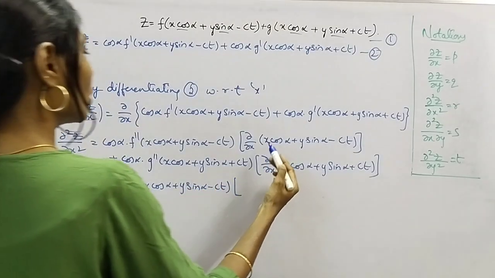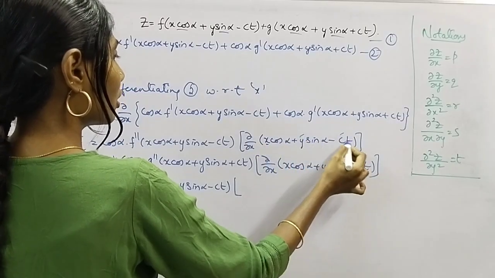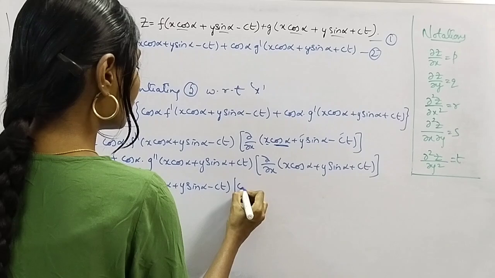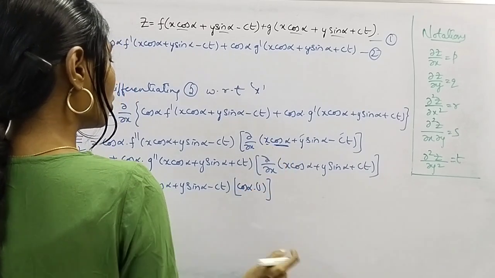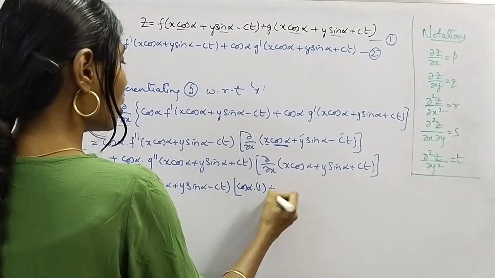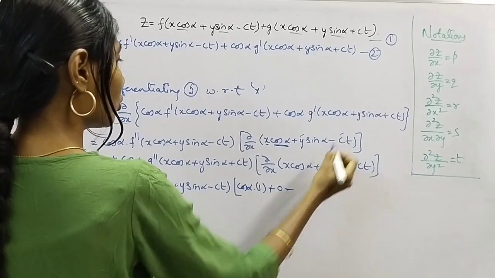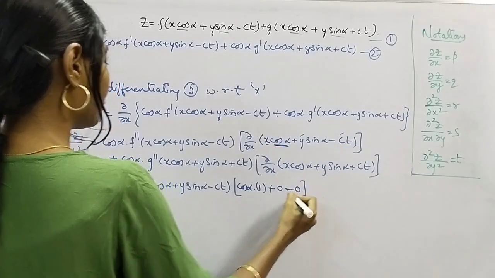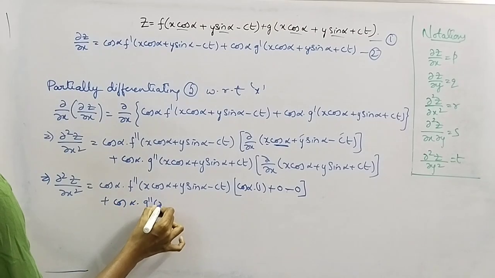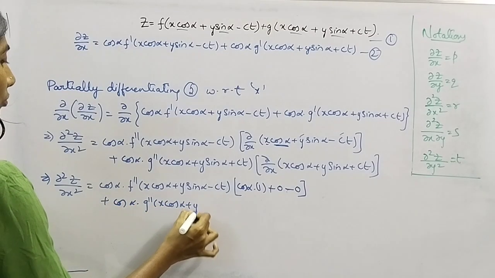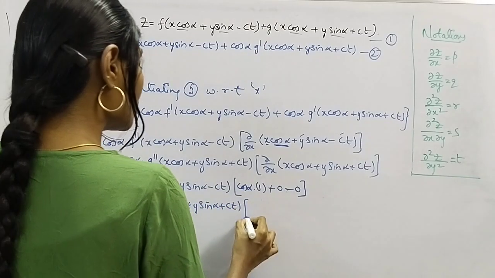into partial derivative. Here you have x, right? And this is constant. These two are treated as constant. And here we have constant cos alpha. You'll write cos alpha into partial derivative of x with respect to x is 1, which gives us cos alpha, plus partial derivative of a constant with respect to x is 0, minus partial derivative of a constant with respect to x is 0, plus cos alpha into g double dash into partial derivative.